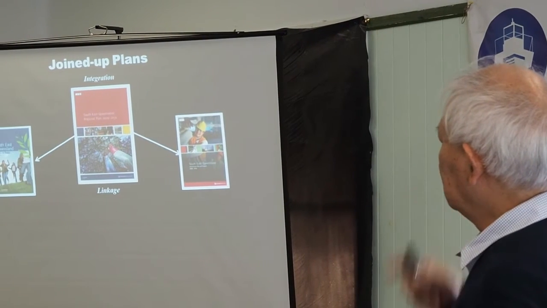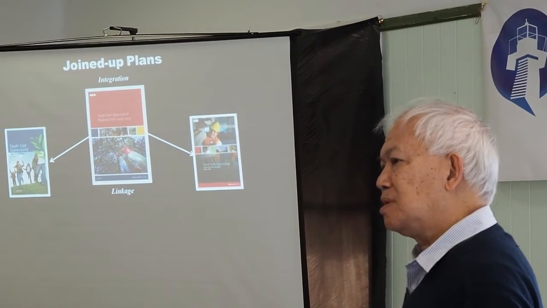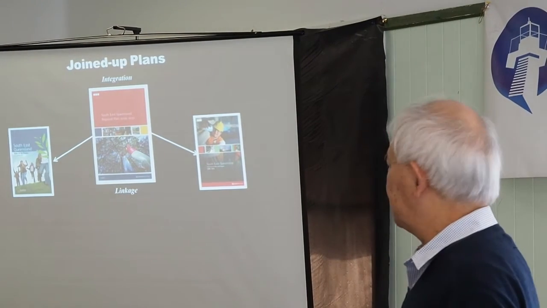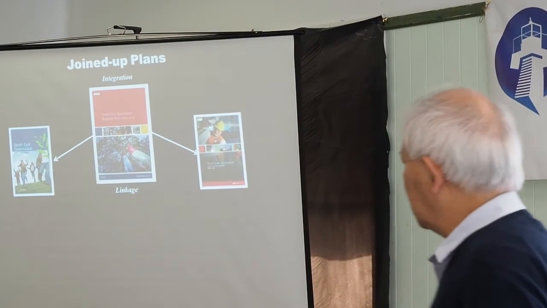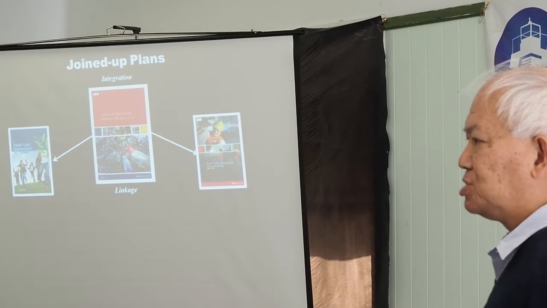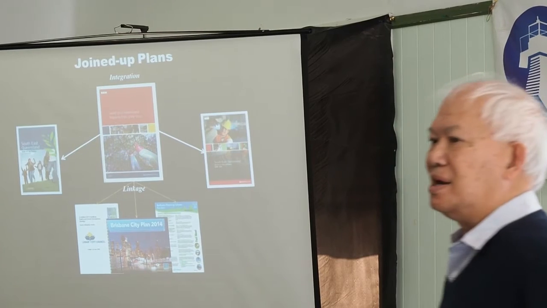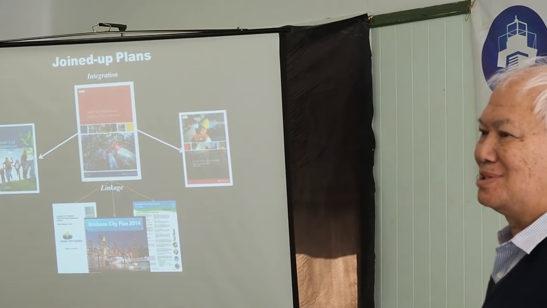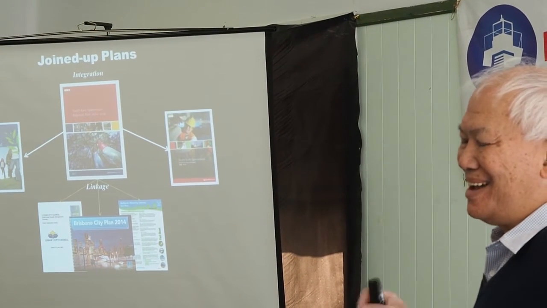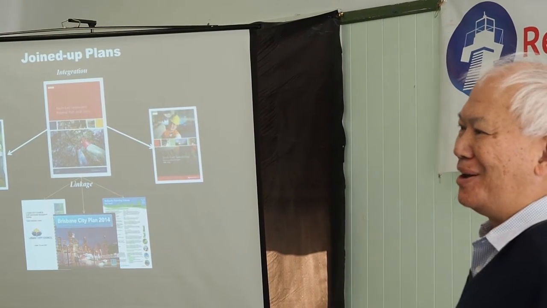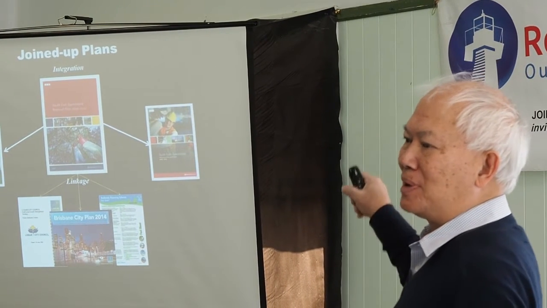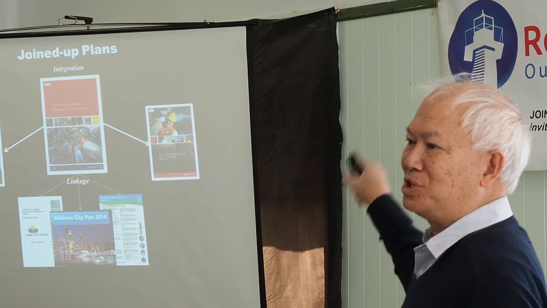There's more work to be done. But in doing so, you then provide linkages, as I said, on the right, the infrastructure plans. On the left is the monitoring approach to look at the state of the region reports. And you also have linkages down to local government plans. Surprise, surprise. Councils should not be operating on their own. They should be operating under the umbrella of the statutory regional plan.